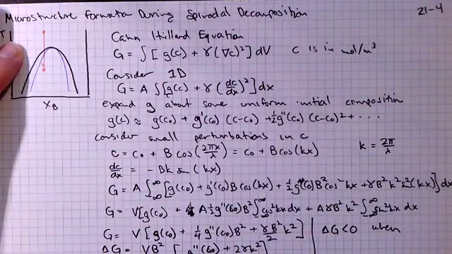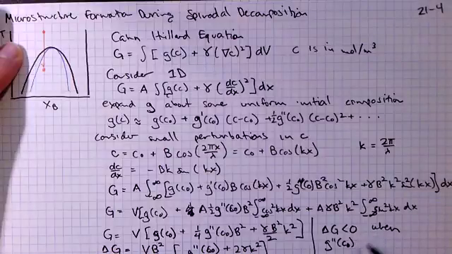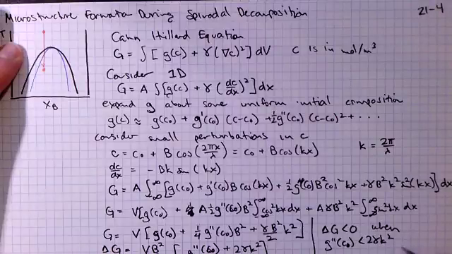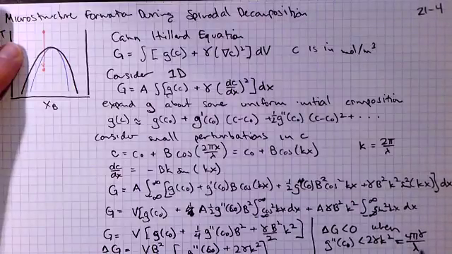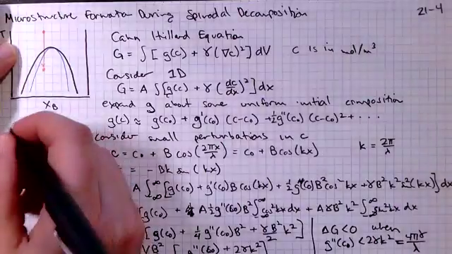It's that G'' at C0, so the curvature, has to be less than minus 2 gamma k squared, right? Which is equal to 4 pi gamma over lambda. So it's only for certain lambdas, right? So this gives us a condition on lambda.